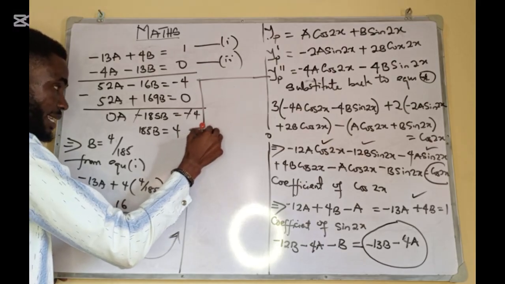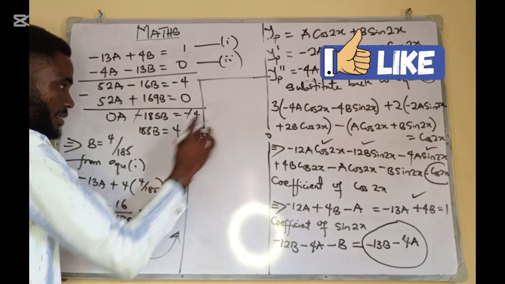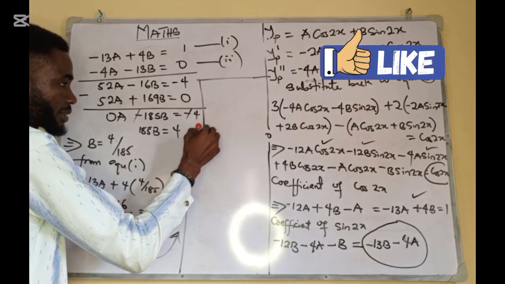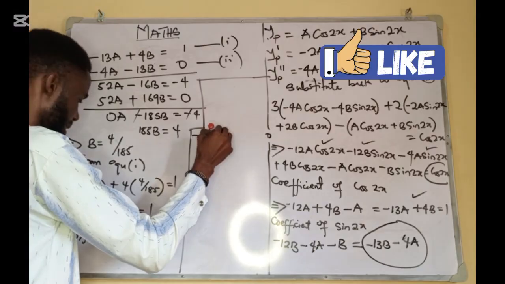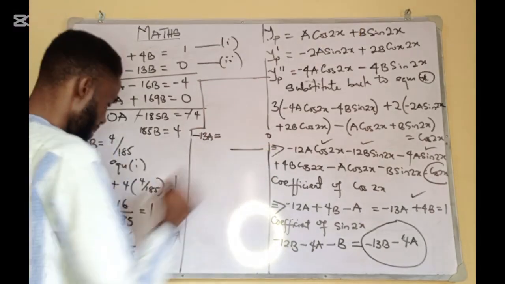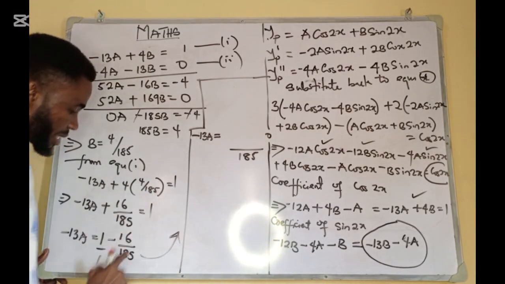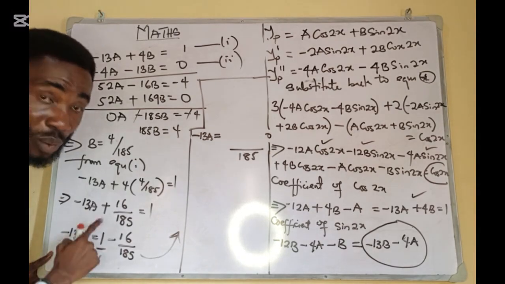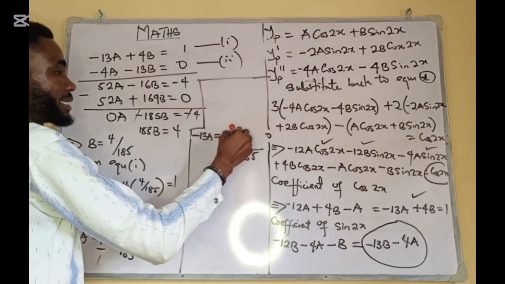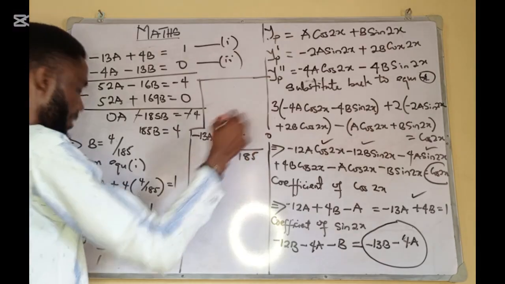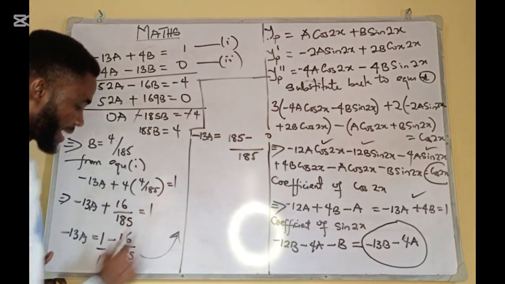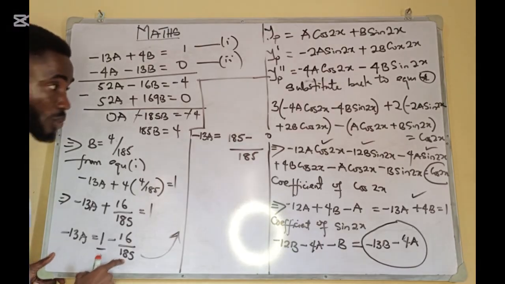minus 13a is not equal to the LCM here. Here is like over 1. LCM is 185, right? So 185 divided by 1 is 185 times 1, 185. I have 185 minus 185 divided by 185 is 1 times 1, 16.